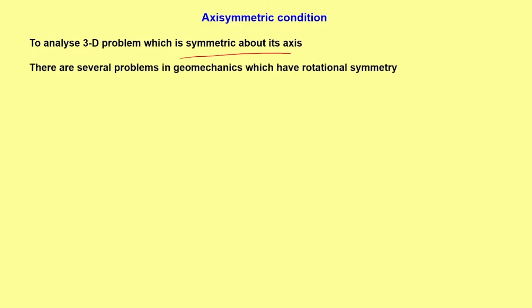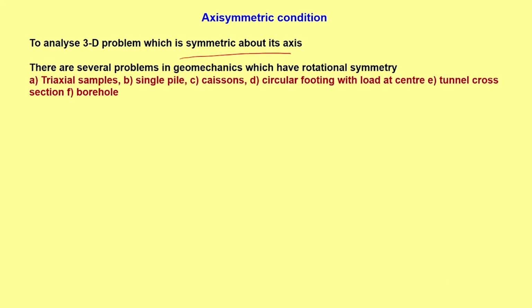Let us see how. There are several problems in geomechanics which have rotational symmetry. A very good example is triaxial samples. Everyone has worked with triaxial samples. You can see that there is a deviatoric stress acting axially and all round stress acting.